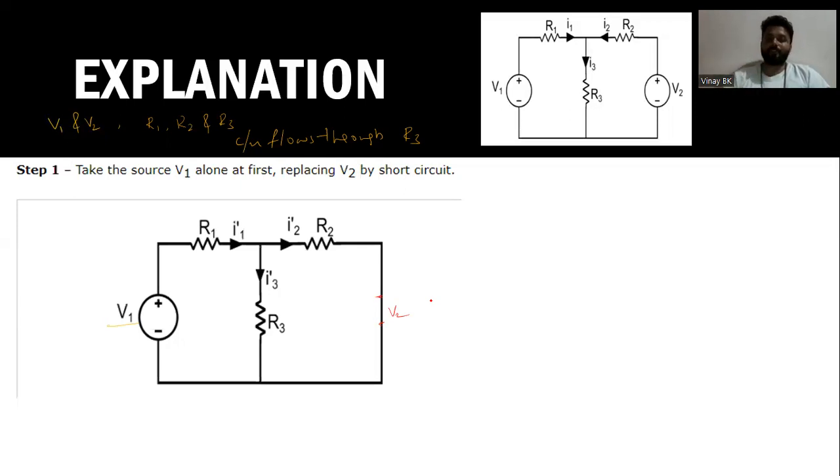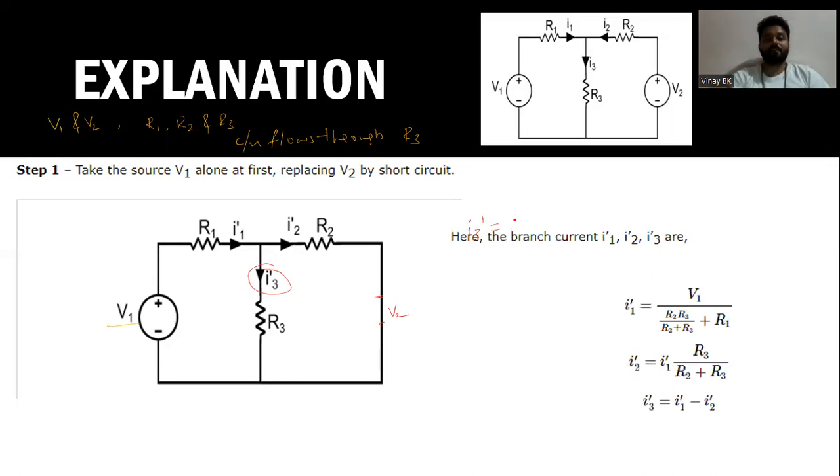In this case, you need to find the current flowing through R3. For the first case, I3 will be I3 dash, and you need to find this value of I3 dash. You can see the branch currents I1, I2, I3 dash.